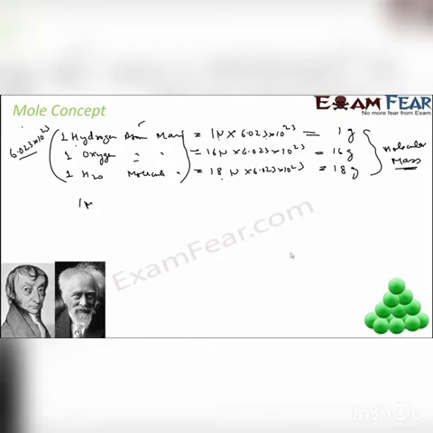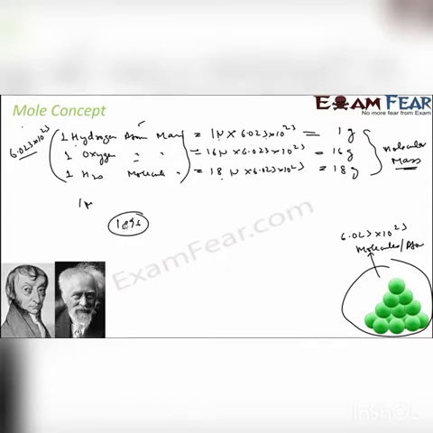So please understand once again, 1 mole is nothing but a pile of 6.023 into 10 to the power 23 molecules, or it can be atoms. That is 1 mole. This term was introduced in 1896 by Ostwald.